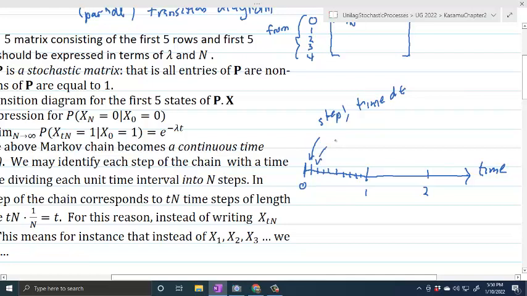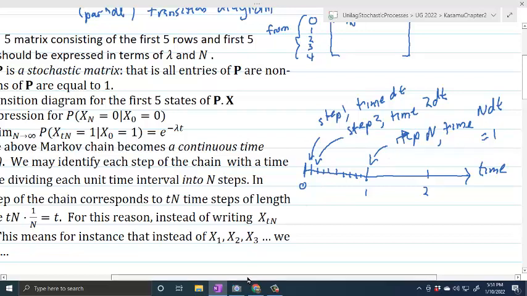This is step 2, and its time is 2 dt. Continue, continue. This is step n, and its time is n dt. But I chose dt equal to 1 over n, so this is time 1. So I'm dividing my time into small intervals, and each interval corresponds to a transition.